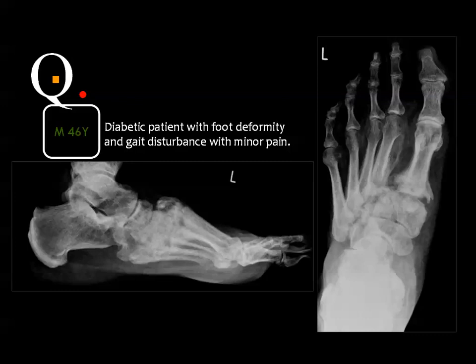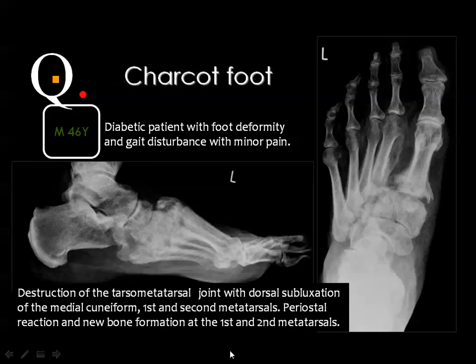X-ray of the foot in a diabetic patient. Yes, and this is Charcot joint with destruction of the tarso-metatarsal joints, with irregular joint lines, bone sclerosis, and dislocations or deformities. And this is the Charcot joint.